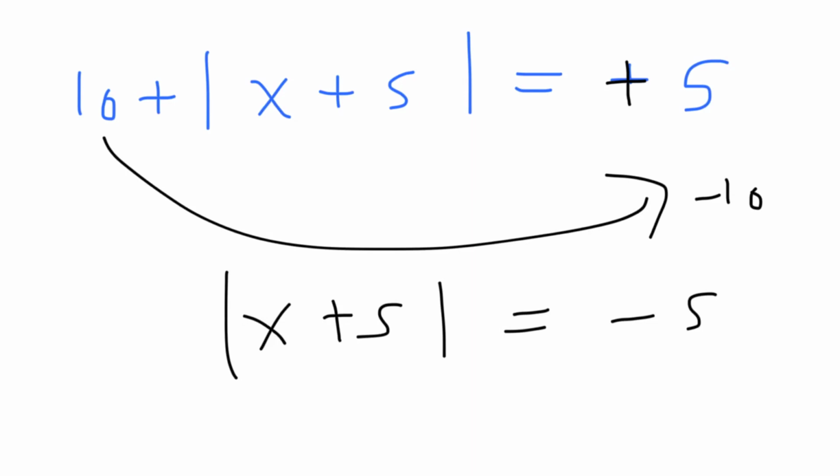The absolute value must be positive. So what do you mean impossible? No solution. So whenever you see the other side is negative, the answer is very simple: no solution. It is not possible to have the absolute value negative. So that's why there is no solution. Or you can say phi. So this is also one of the cases.